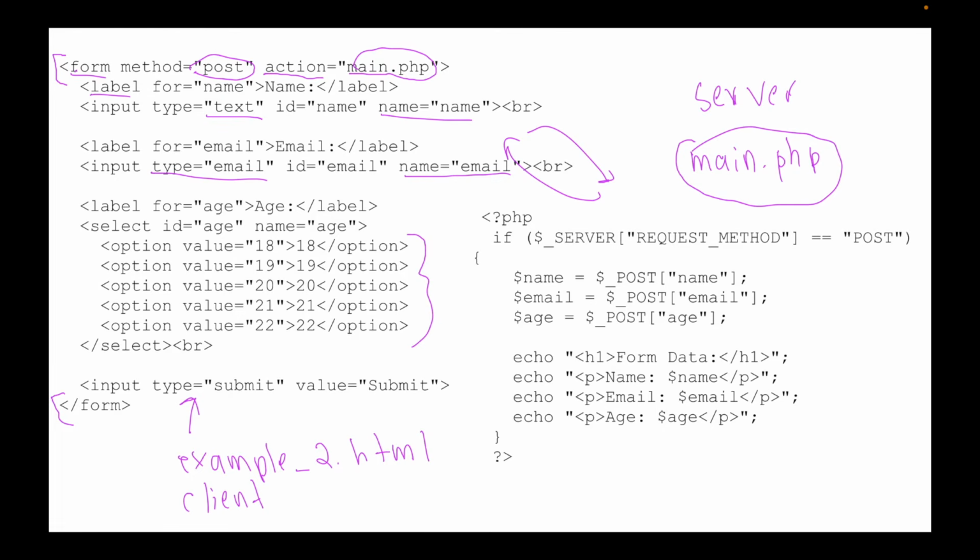If we use get, this means that when you access main.php, your browser is going to be accessing something like www.google.com/main.php. That's what's happening when you submit this form.